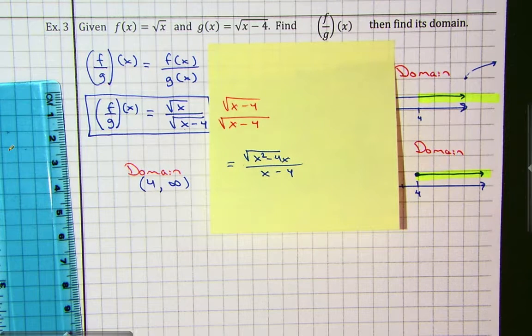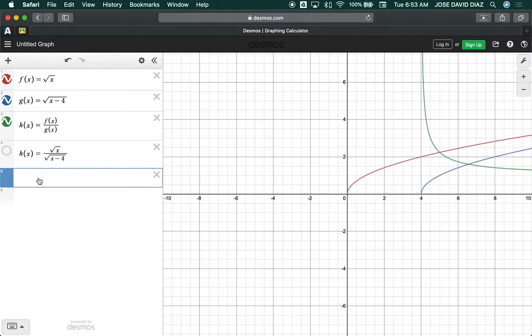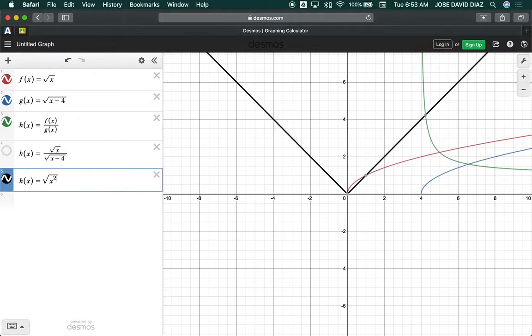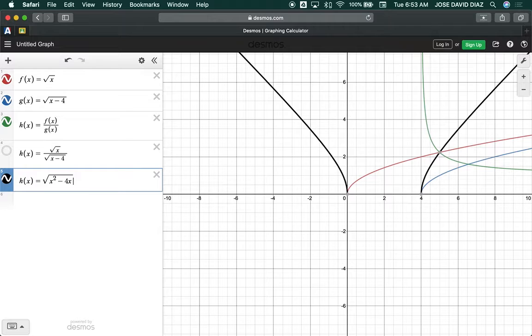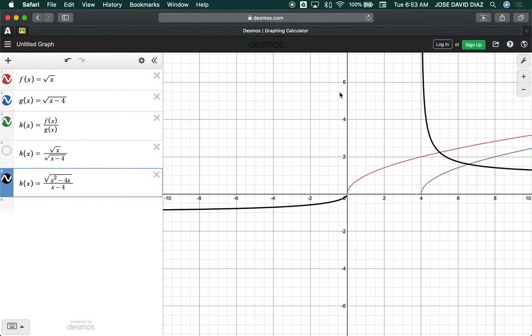So therefore, if I graph this, and I just type in h of x again, equals the square root of x squared minus 4x divided by x minus 4. Notice that we get the same graph on this side, but then we get this extra graph on the left. So your domain has changed.